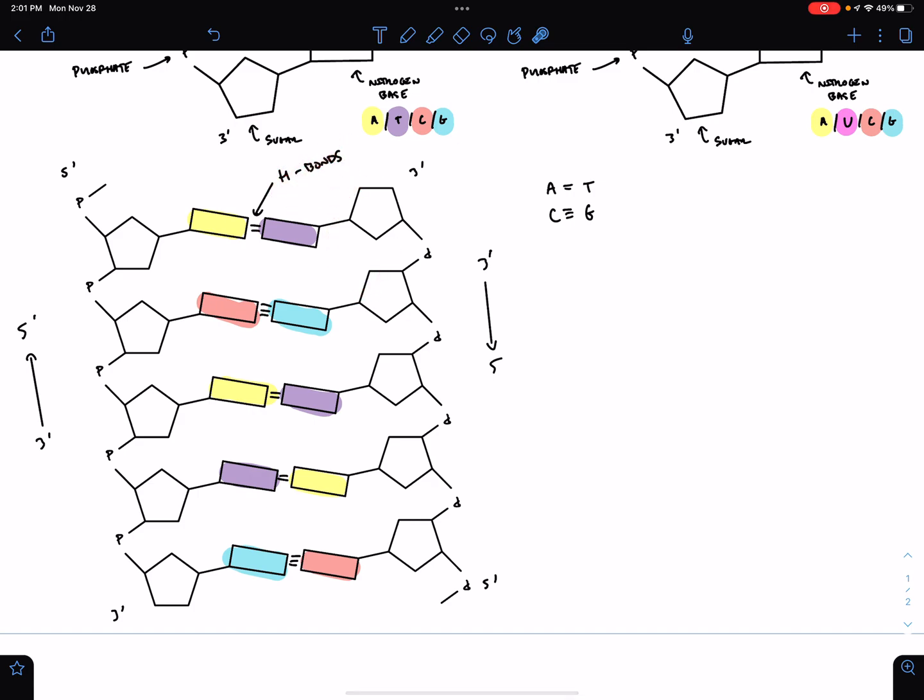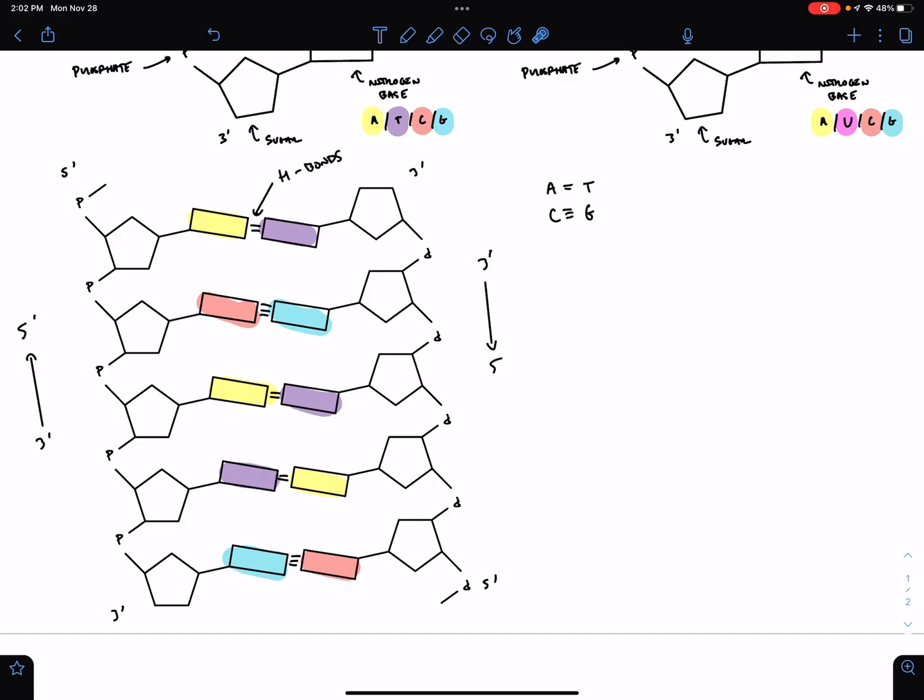So these bonds are the weakest bonds in the entire structure. And so it's actually relatively easy to unzip the DNA, which is actually going to happen, very importantly, during DNA replication, when one strand of DNA unzips and becomes 2 new identical strands. And we'll talk about how that happens much later on in the spring. Okay, so that is DNA.